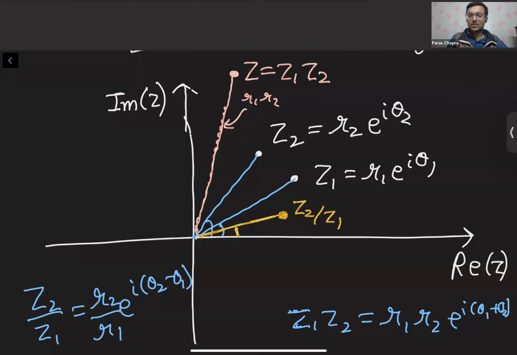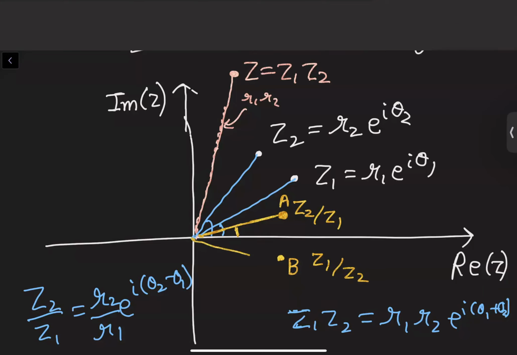Okay, so let's say this is point A. Can we say point B will be z1 by z2? तो अगर z1 by z2 कर रहे हैं तो theta 2 minus theta 1 की जगह theta 1 minus theta 2 करेंगे, तो वो नीचे वाली साइड आ जाएगा and its magnitude will be equal to r1 by r2.